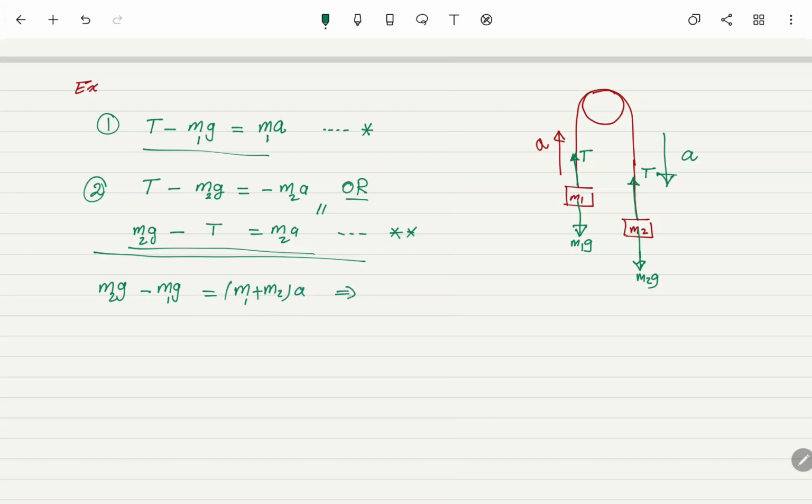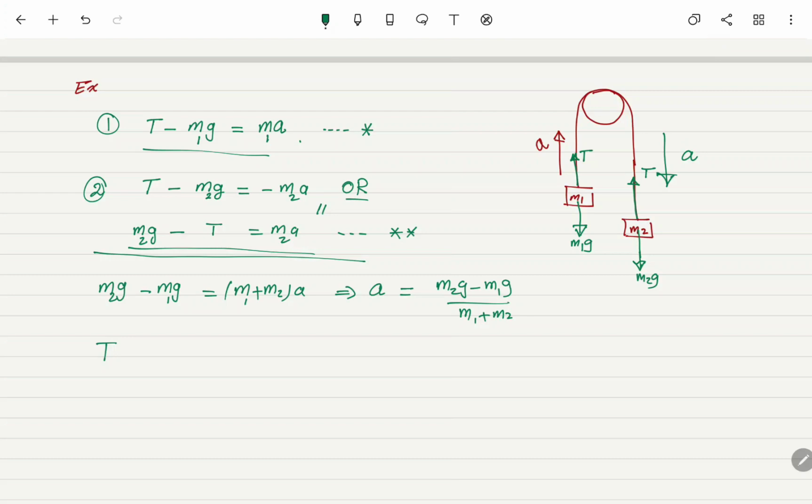In other words, the acceleration is equal to (m2g minus m1g) divided by (m1 plus m2). Once we calculate the acceleration, we can easily calculate the tension by applying this acceleration in one of these two equations, either this or this.